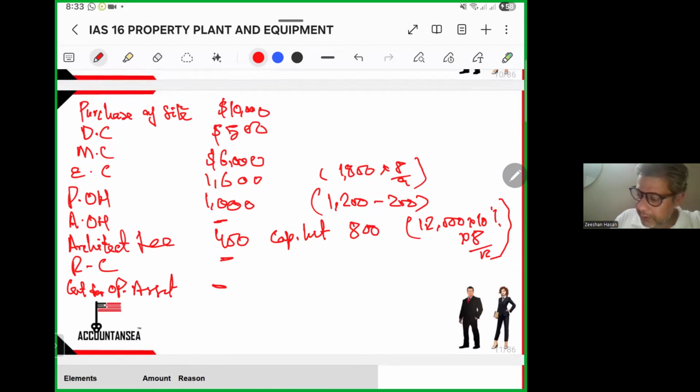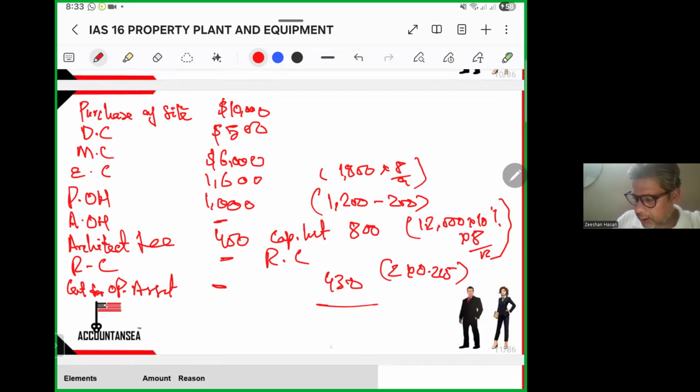Then restoration cost, that is the dismantling cost, will be capitalized. The amount given was 2 million, multiplied by the discount factor of 21.5%, which gives 430.